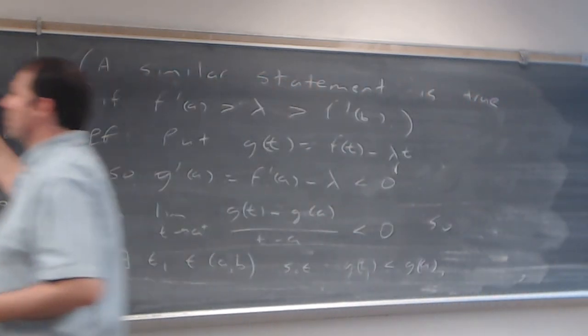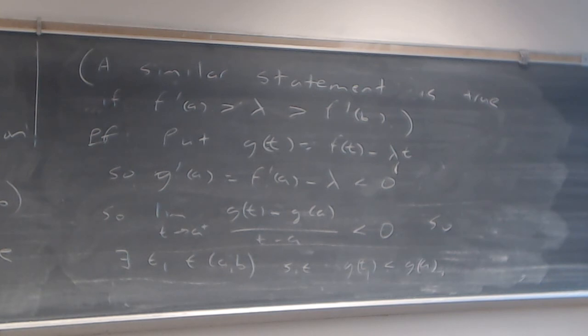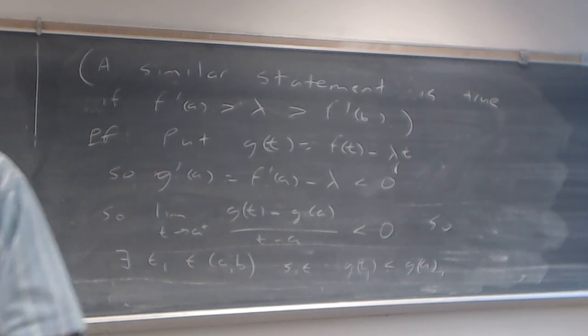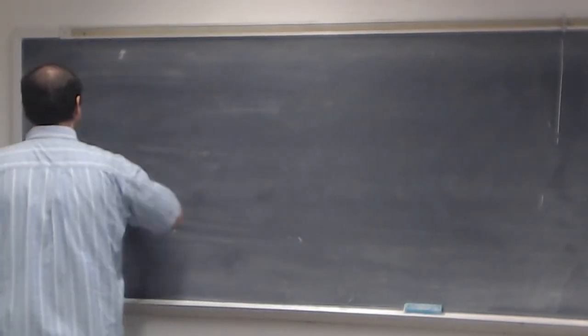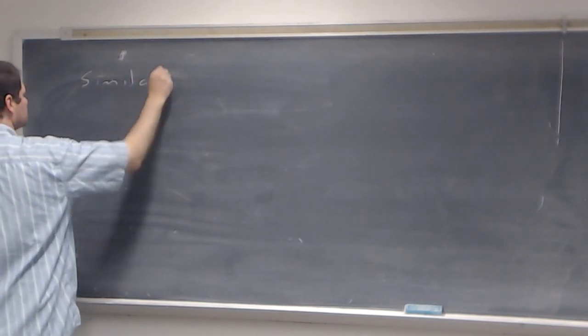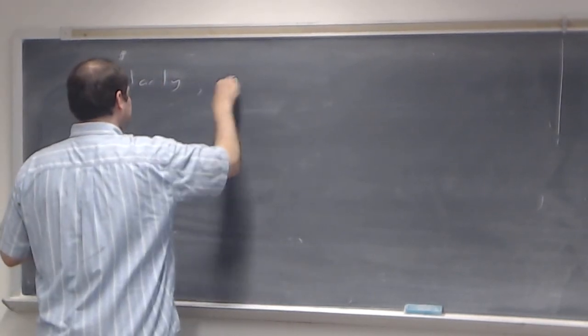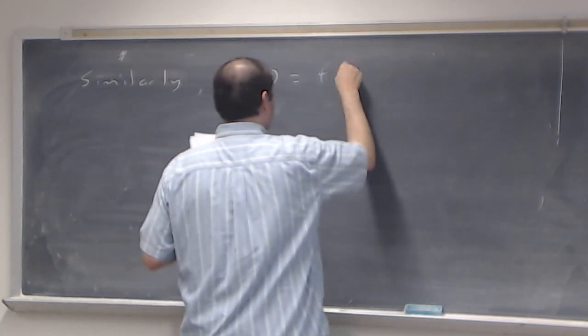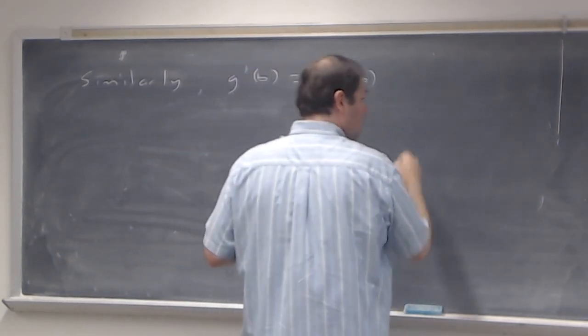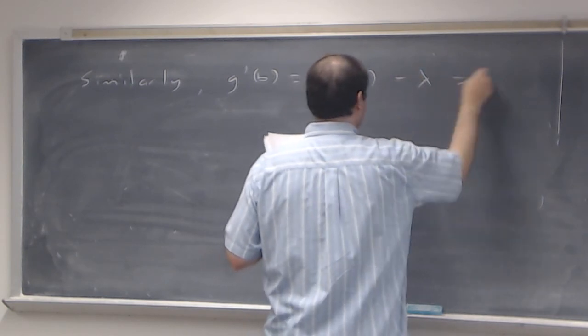Well, we could say a similar statement involving g of b, and we will. Similarly, g prime of b, which equals f prime of b minus lambda, is going to be greater than 0.